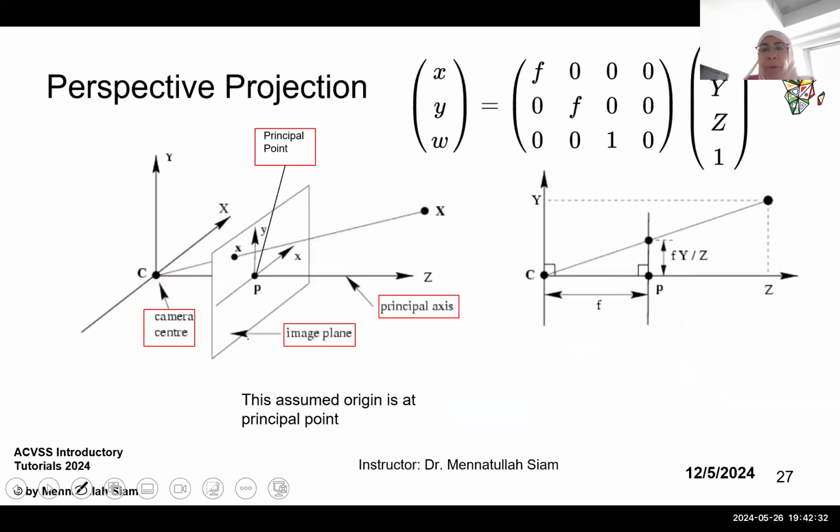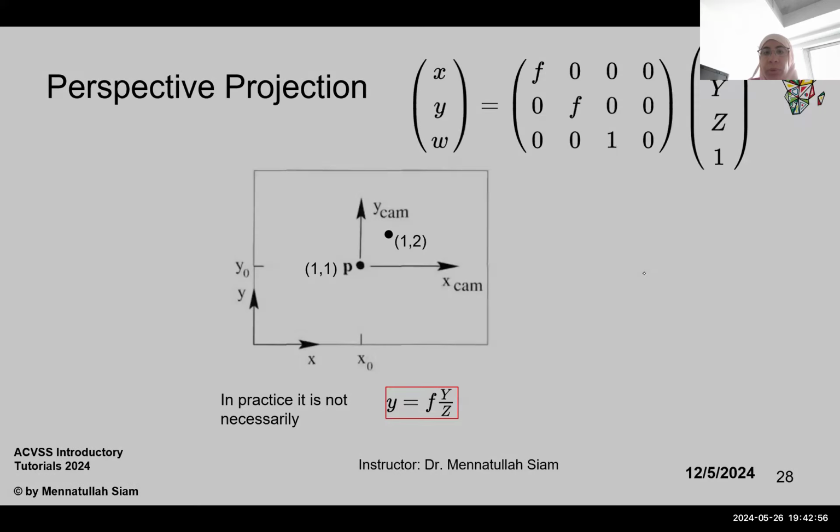Now, remember that when we discussed this part, which is the Y, we always assumed that the principal point is the origin. We only got this length from this point here, but the principal point is not always the origin. So now we're going to add something else.